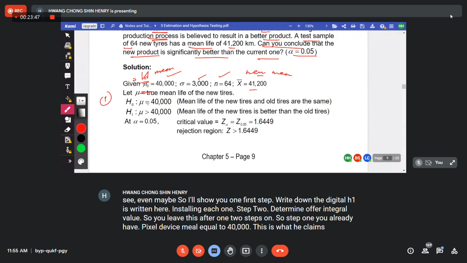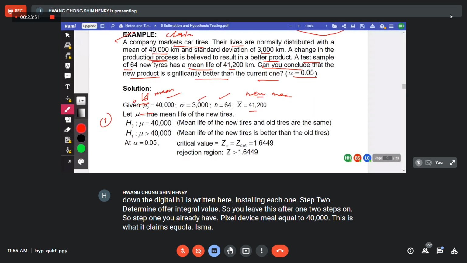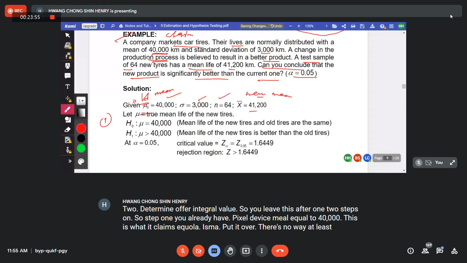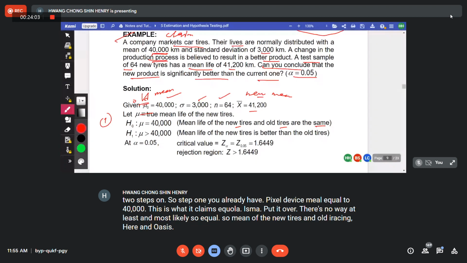Now equal is 40,000. There's no word like at least or at most, right? So equal. So the mean of the new tires and old tires are the same. New and old are the same. See? Equal. So what's your H1? Can you conclude that the new product is significantly better than the current one?